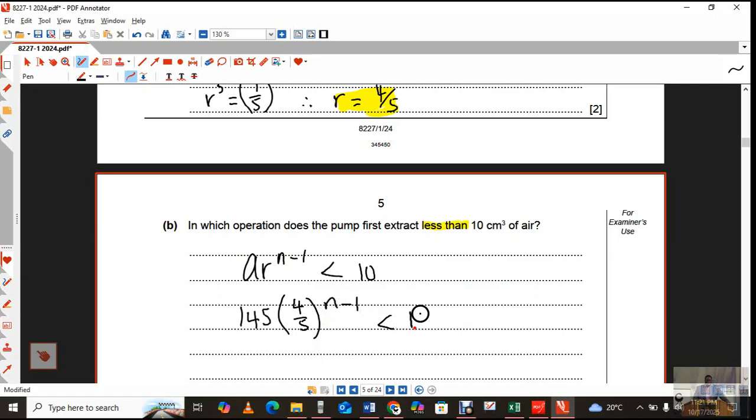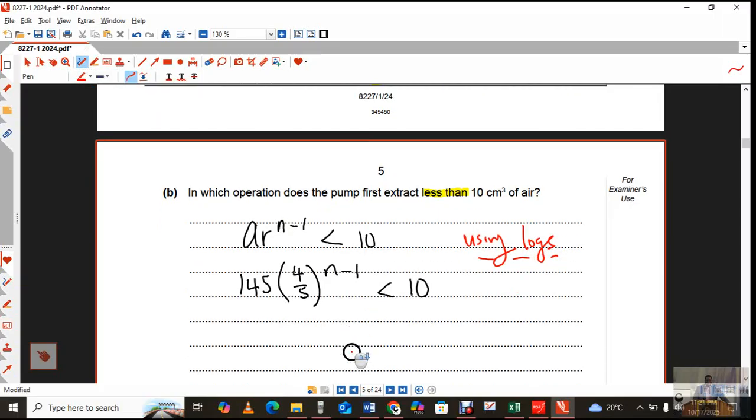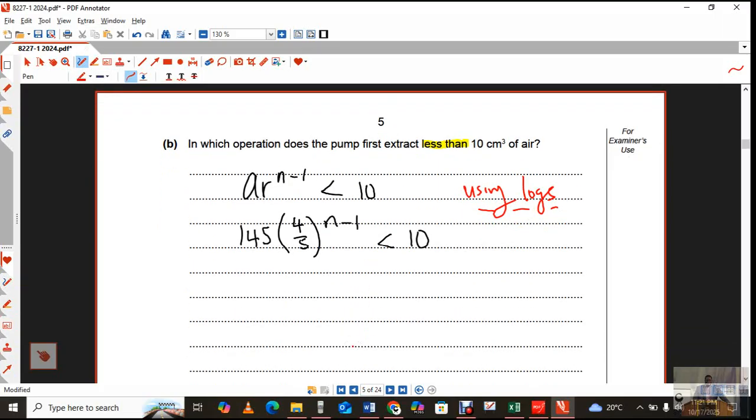And here's the thing, when you look for n, it will imply that we will be using logs over here, all right, or exponential equations, because we are looking for something that is unknown that is within the exponent. So first thing also, we are first going to divide both sides by 145.